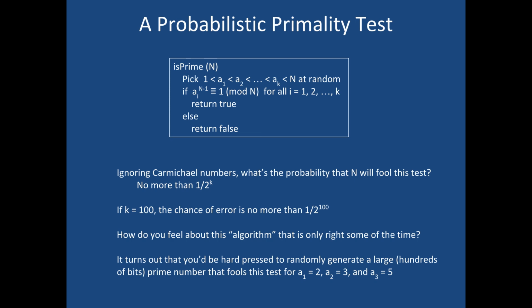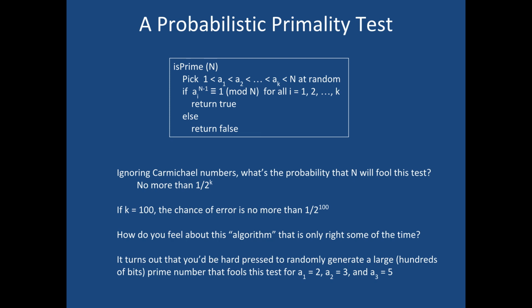So the test is good enough that for a hundreds-of-bits-long number you're trying to test, it's very, very, very hard to fool it, even if the only A's you use are 2, 3, and 5. So numbers that are certified as prime, just using those 3, are sometimes referred to as industrial strength prime numbers.